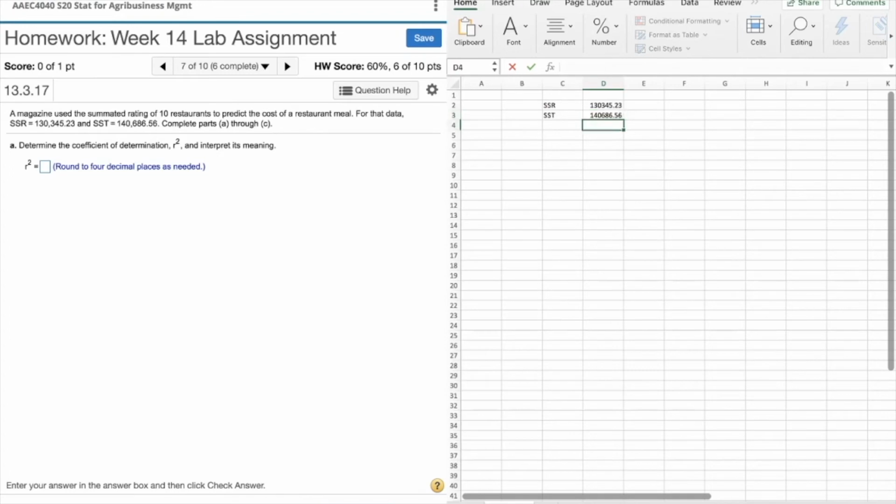Okay, in question 7, first part, to calculate R squared, we input SSR, SST, and we get SSE. R squared is equal to SSR over SST, so we can get the answer.